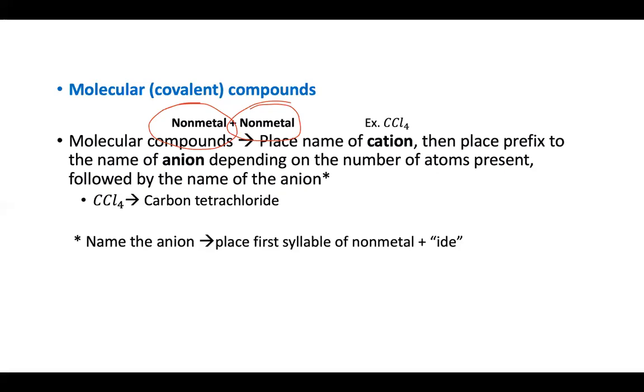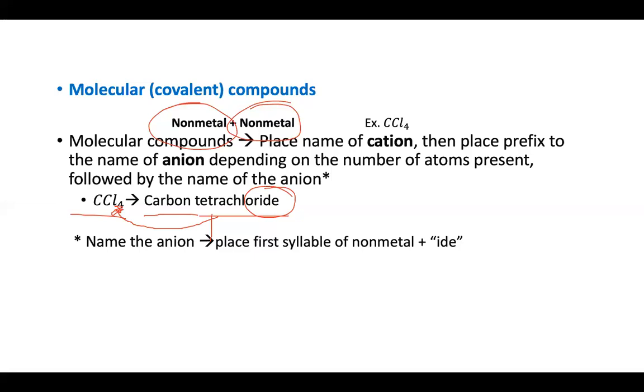So let's, for example, here we have CCl4. Both of them are non-metals. So this will be carbon tetrachloride. This tetra is the number 4 that we have here of chlorine. And the ending of the second non-metal is changed to IDE, okay?